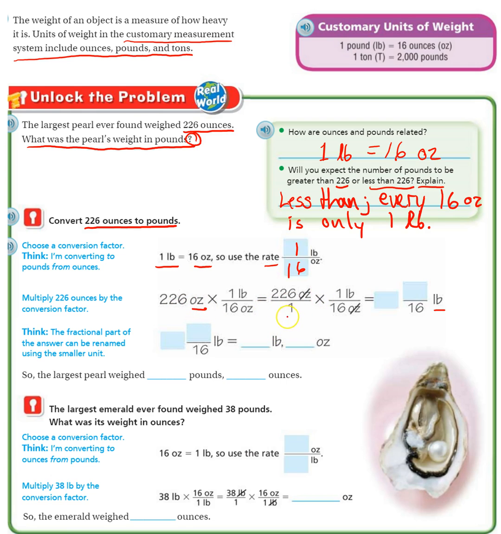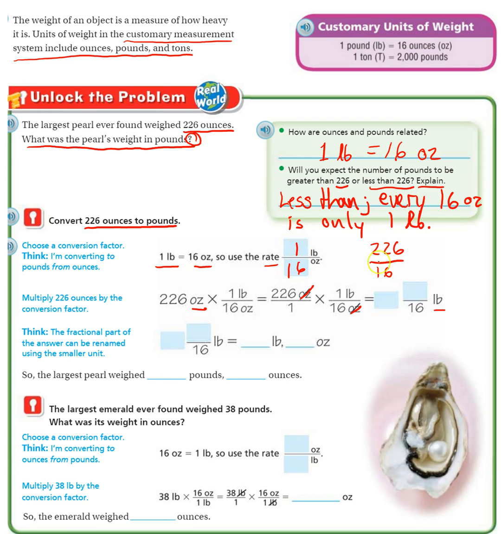I can cross simplify out those ounces like we've seen in our math on the spot videos and in these videos as well, where we cross simplify ounces to ounces. Okay, and then we multiply. 226 ounces times 1 pound is going to be 226, and then 1 times 16 is 16, and then we just need to simplify this.